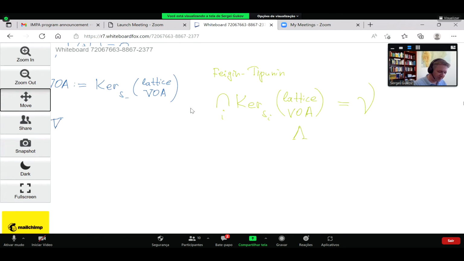Previously I was starting with something bigger and taking a kernel, but here you can think about this as an extension of Virasoro by an SL2 triplet of Virasoro primaries.